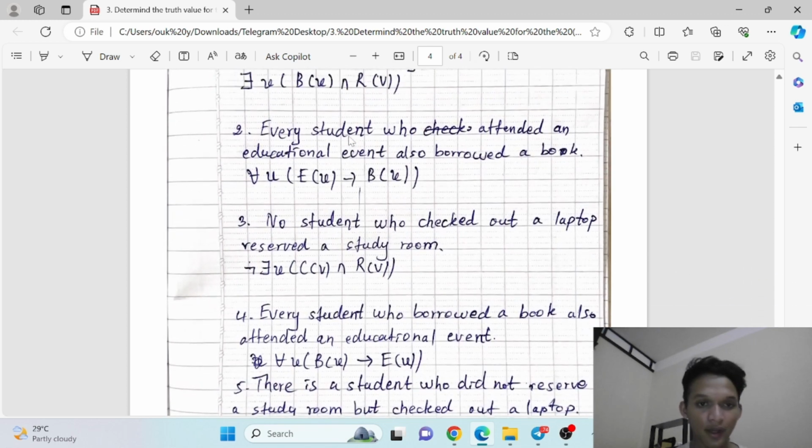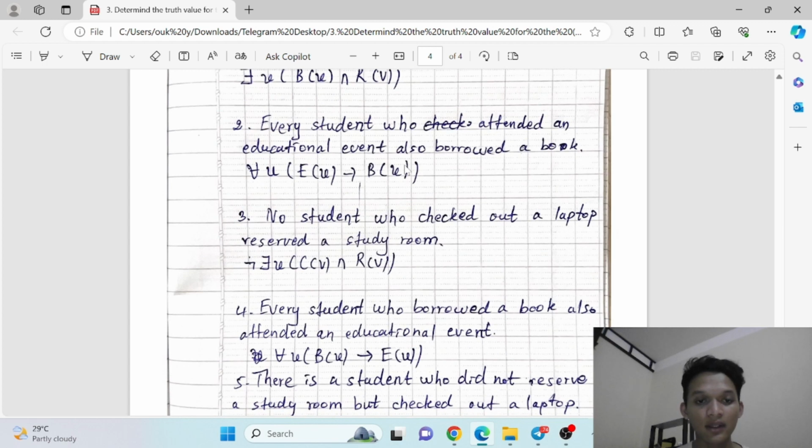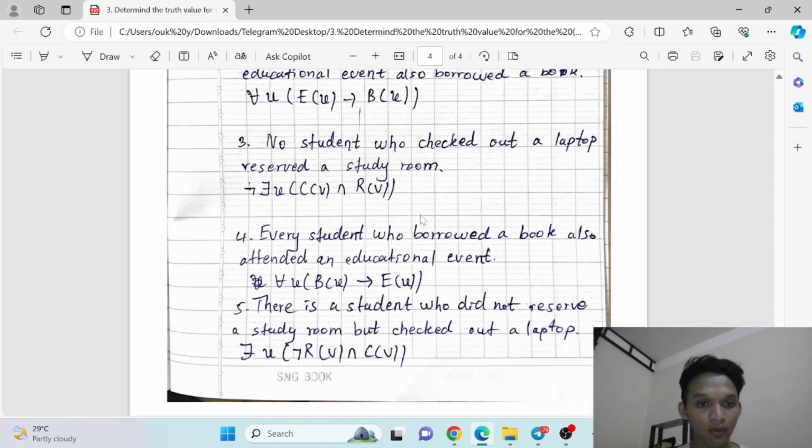And 2. Every student who attended an educational event also borrows books. So for all students v, if E of v, then B of v. Or for every student v, if student v attends an educational event, then student v borrows books.